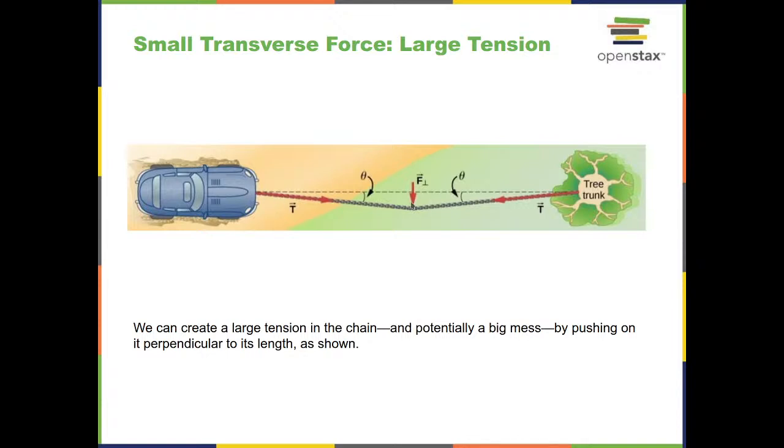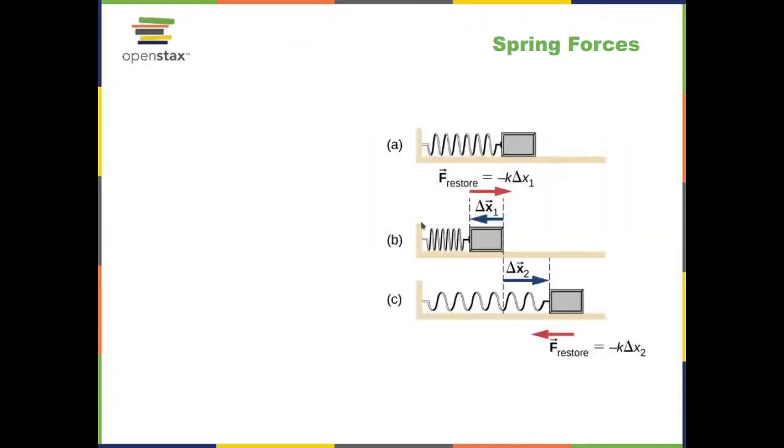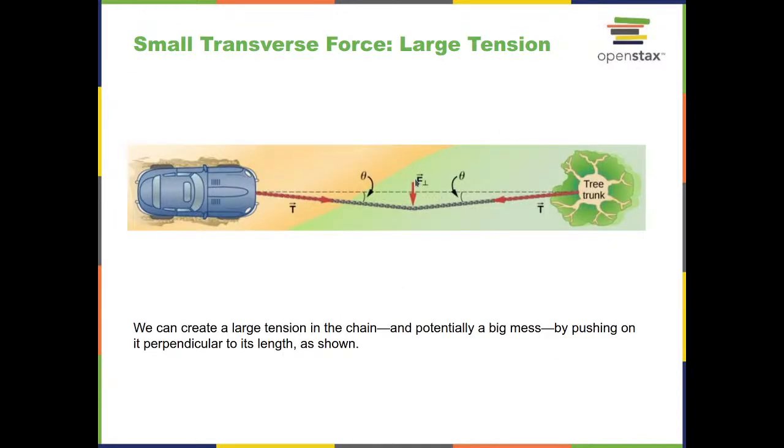You can tie a rope or a chain between a tree and your car, and with just a small transverse force, you'll get an amplification or a magnification of that force to the tension, and you might be able to pull your car loose out of the mud just by pushing sideways against this cable.